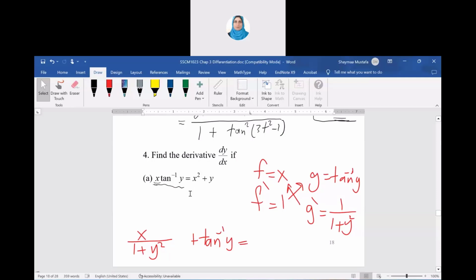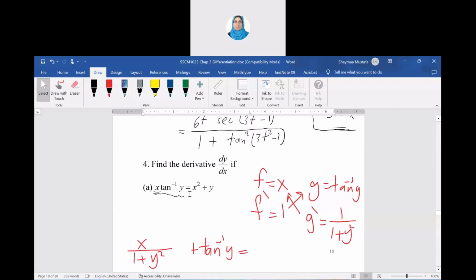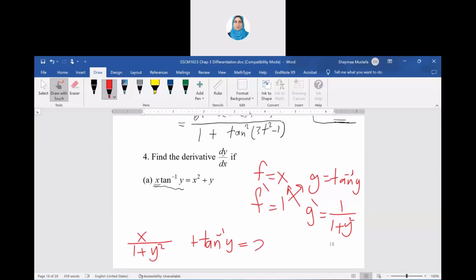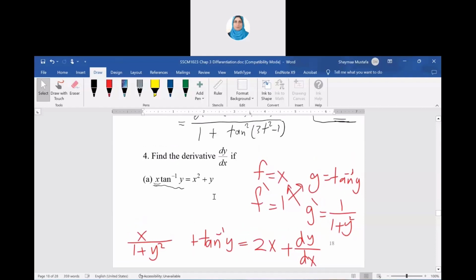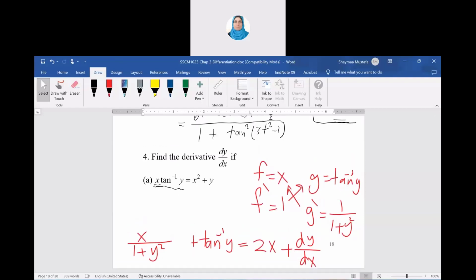Okay, what about the derivative for the second term? The derivative for x squared is equal to 2x. Plus the derivative for y should be 1, but because the variable is y, you have to multiply by dy over dx. Is it okay or not? First, I need to find the derivative for the first term.